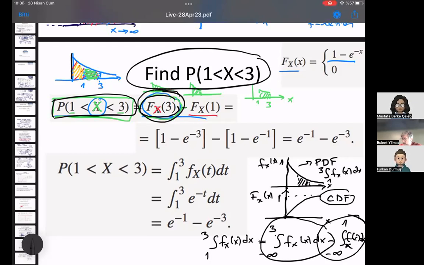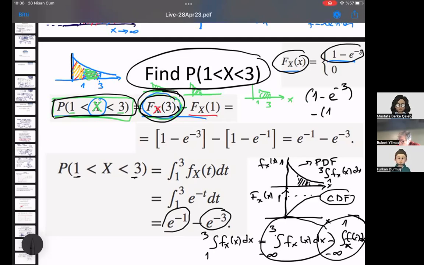What's the advantage of CDF? If you find the CDF like that, you can directly put numbers and find out the probabilities. How do I do it? Probability of 1 to 3: this is e to the power minus 1 minus e to the power minus 3. Or you can put here 1 minus e to the power minus 3 minus 1 minus e to the power minus 1.